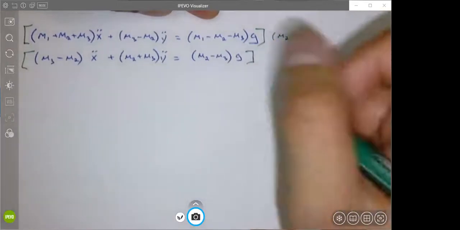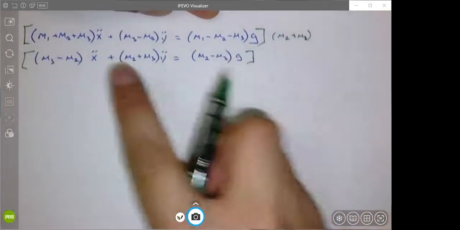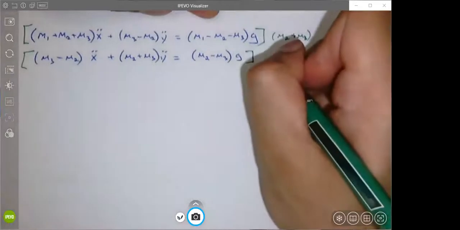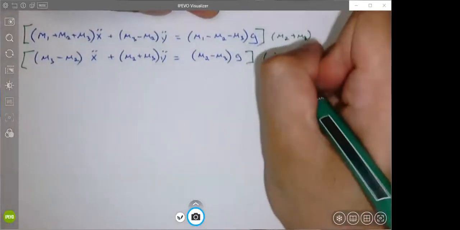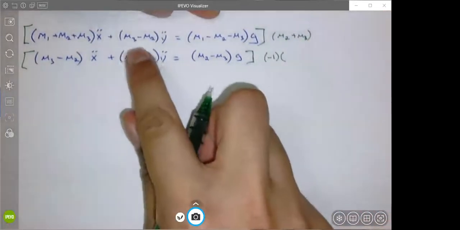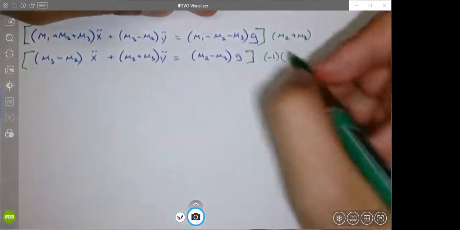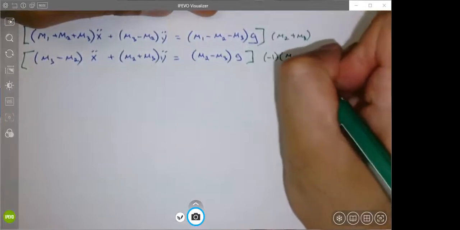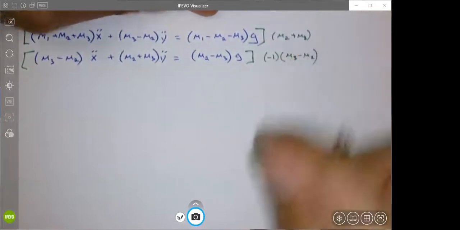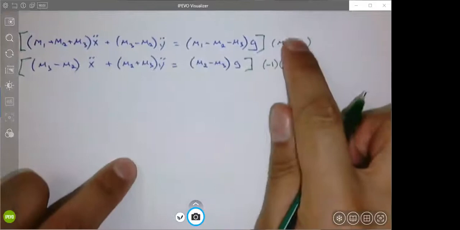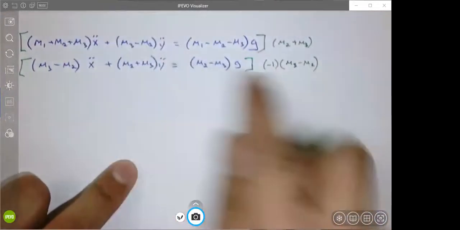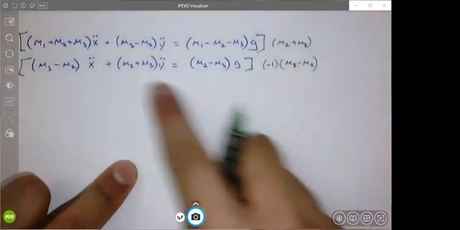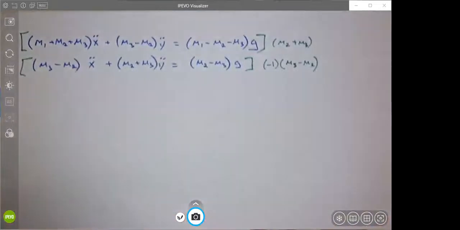And on the bottom, I want this thing to be negative here, so I'm going to multiply it by -1 times this top part right here, and that's going to be m3 minus m2. So you have to distribute this term into here, here, and here, and then add them together.